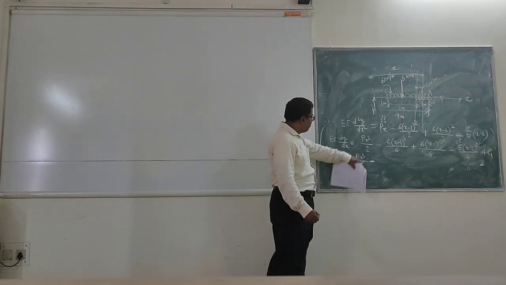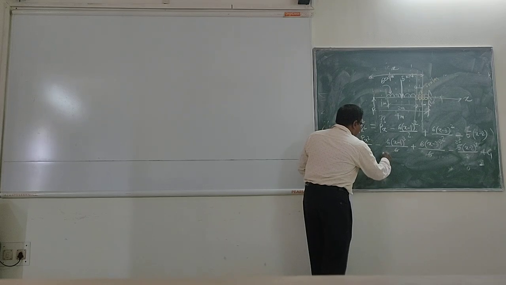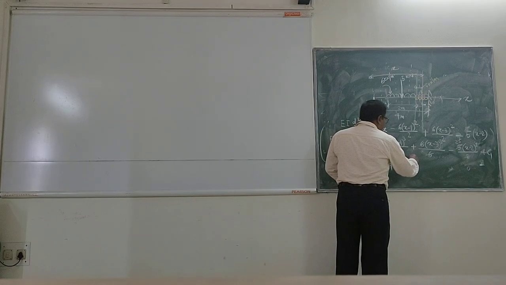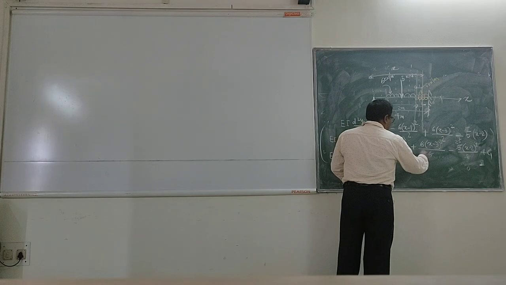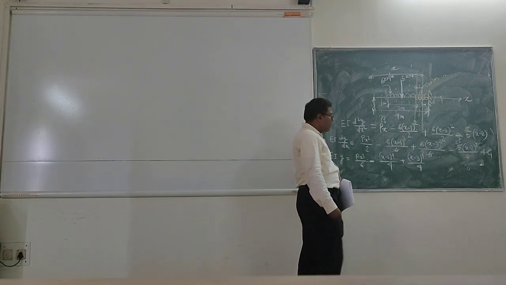So this will give you P x cubed by 6. This will be how much? (x minus 1) whole to the power 4 by 4, correct? Plus (x minus 3) whole to the power 4 by 4, correct?